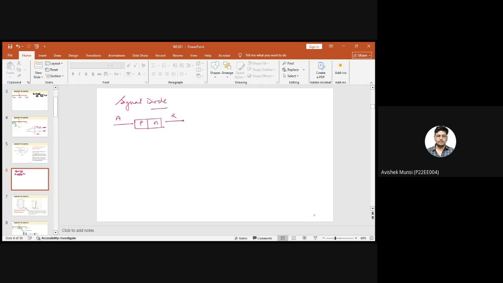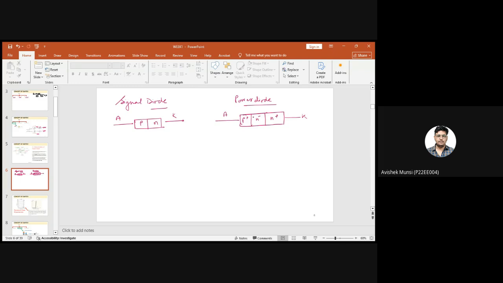But in power electronics we use high power switches, so this kind of diode is different from the signal diode. This is a power diode. There is an N+ and N- doping, and a P+ doping. This is the anode, this is the cathode.